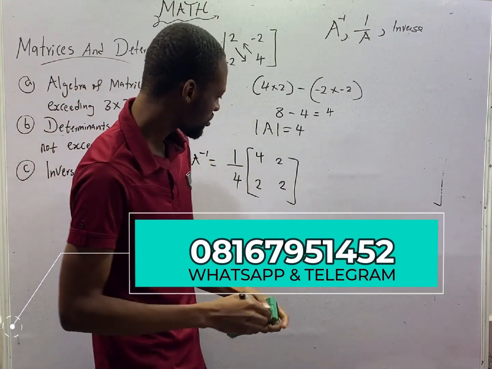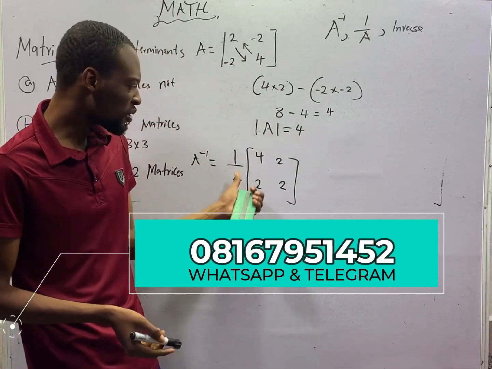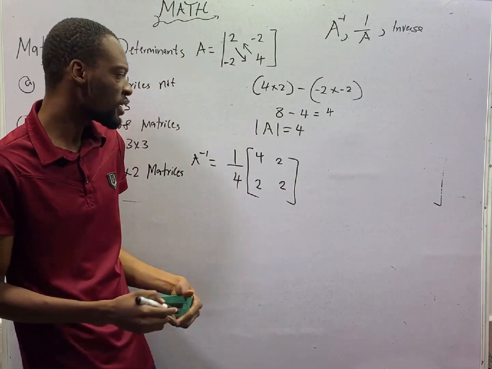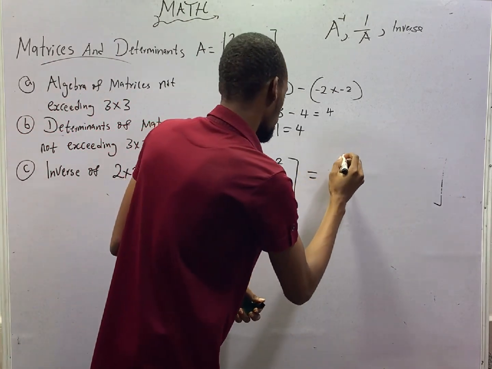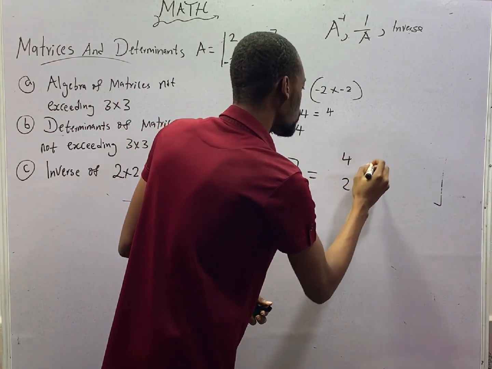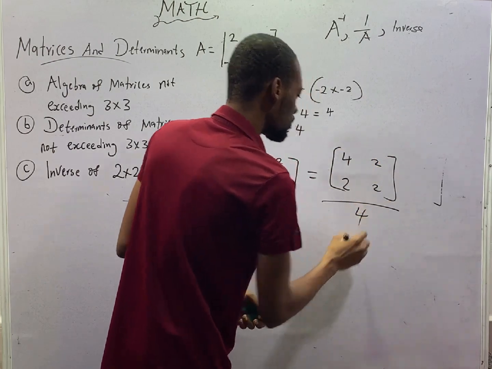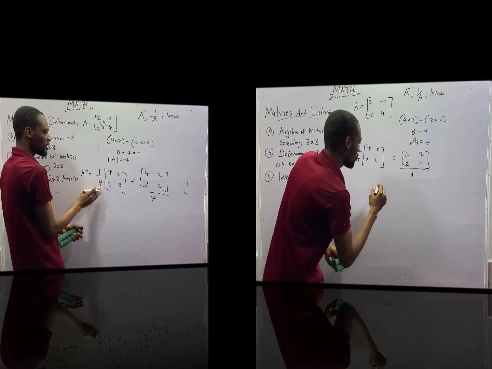In some questions, JAMB will do the division. Instead of leaving it like this, they will actually divide. How do you do that? This is the same thing as 4, 2, 2, 2 over 4, because we are dividing by the determinant.